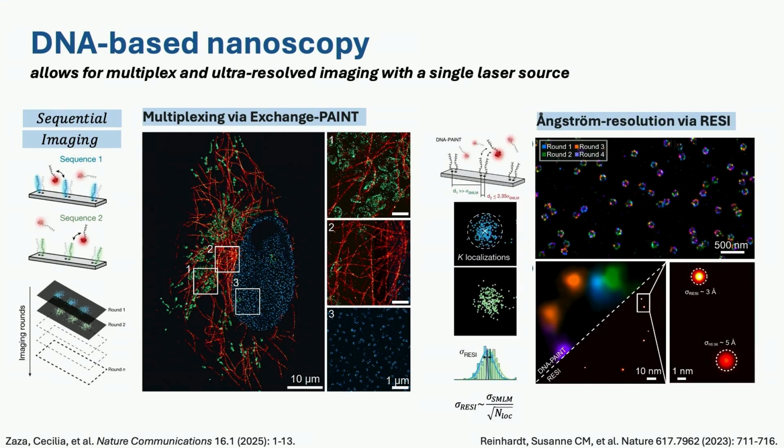Also, in 2023, they published a technique where you can reach Angstrom resolution with these techniques. Here I'm showing you an image of nuclear pore complexes where you can have 0.5 nanometers localization precision. And this is the distance between two of the paired proteins of the nuclear pore complex.